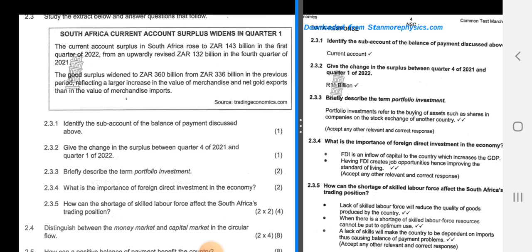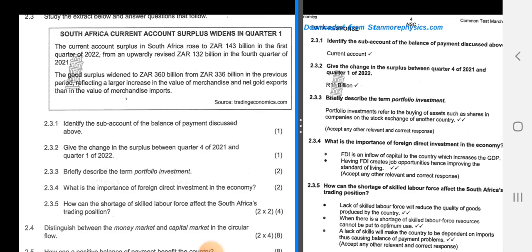The current account surplus in South Africa rose to 143 billion in the first quarter of 2022, and the fourth quarter of 2021 was 132 billion. So you just do 143 minus 132, and that will give you 11 billion.